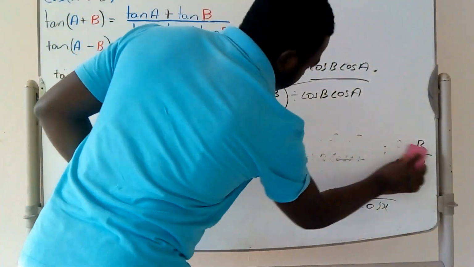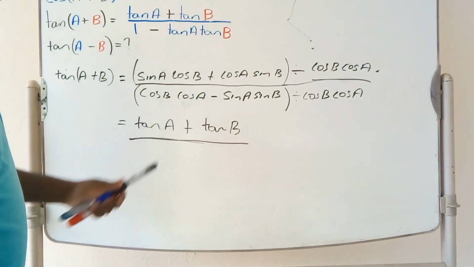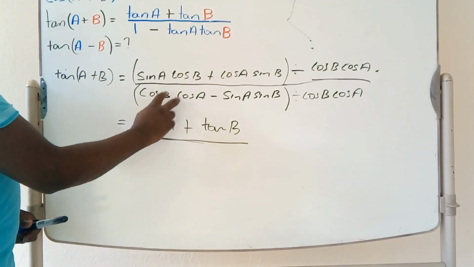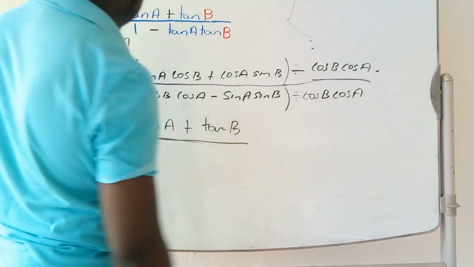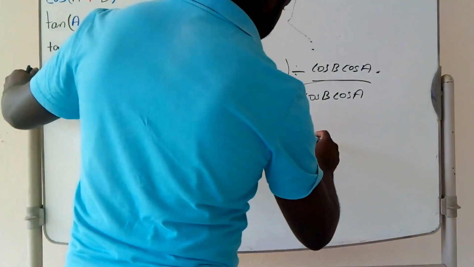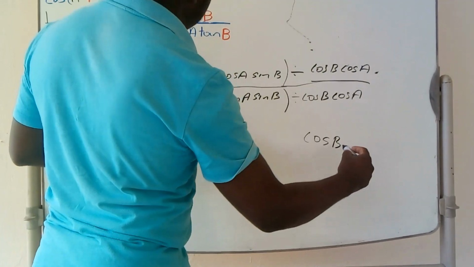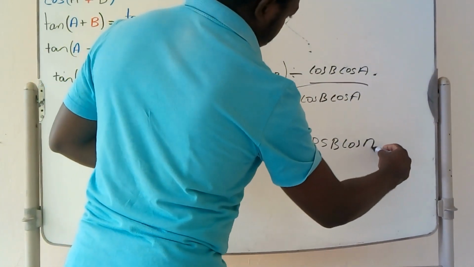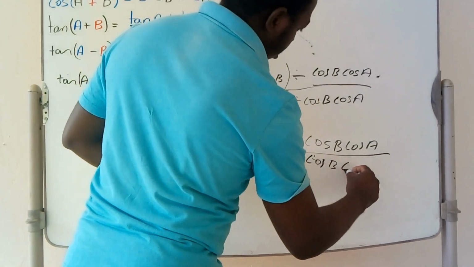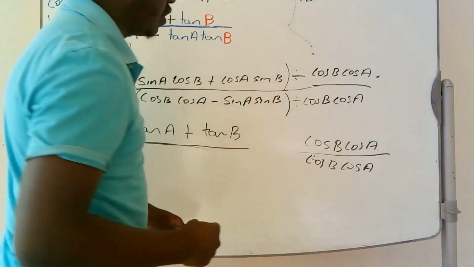Now I'm finished with this. Now I need to divide each term in the denominator by cos B cos A, because I want a 1 here, right? So if I have cos B, which is this here, times cos A, all of that divided by cos B cos A, what does that give us?